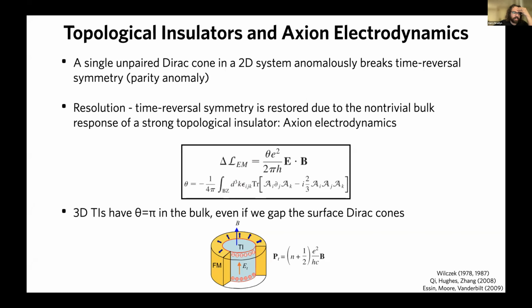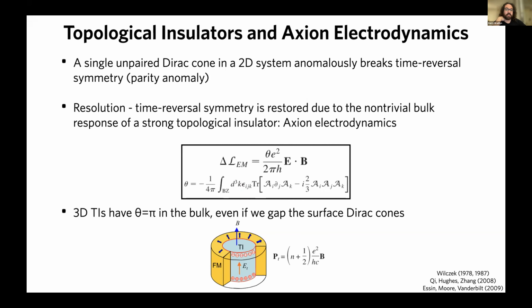But in quantum mechanics, it's not the Lagrangian that's important. Feynman told us it's e to the i times the integral of the Lagrangian. And the integral of E dot B, up to some factors of 2 pi, is always an integer. So there are 2 special values of this prefactor of E dot B where, even though the Lagrangian breaks time reversal symmetry, the action doesn't.